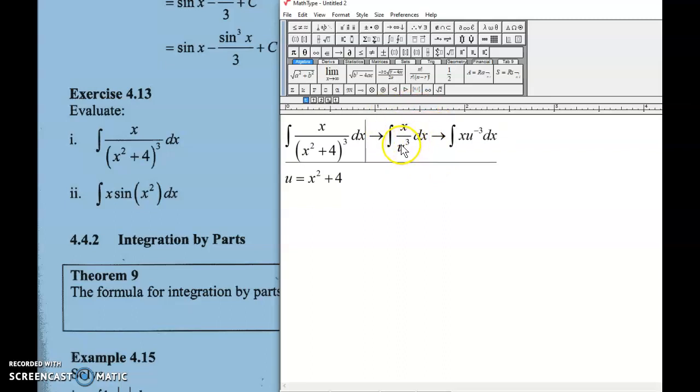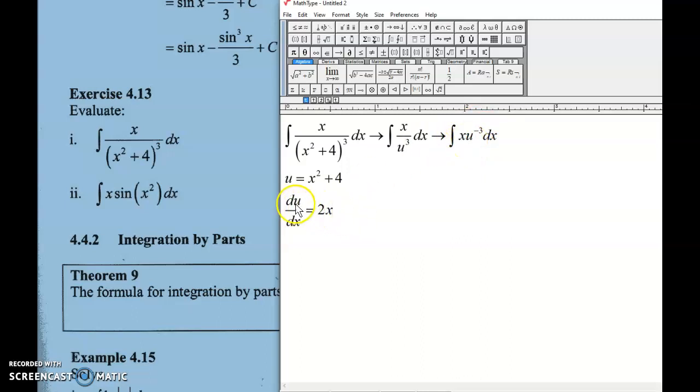And of course, I would rather put this on the numerator to make things easy later. Now if you realize, we have u in here. So the next step is to differentiate this. After that comes step 3, where we need to change everything into u. Now we have x and x. We'll need to change everything into u.